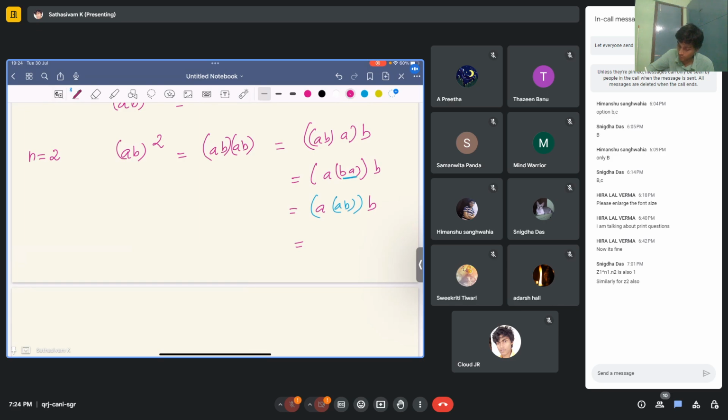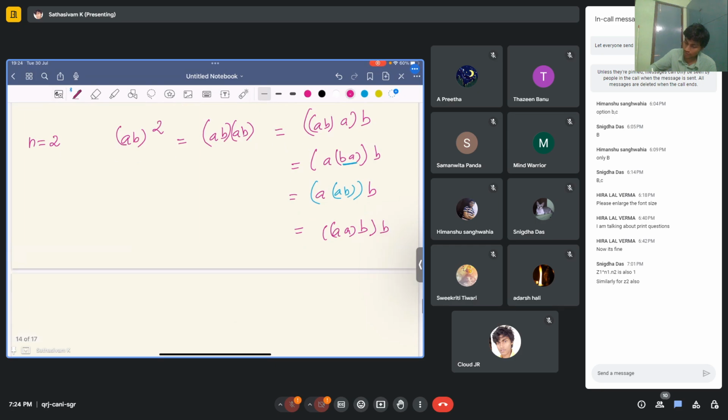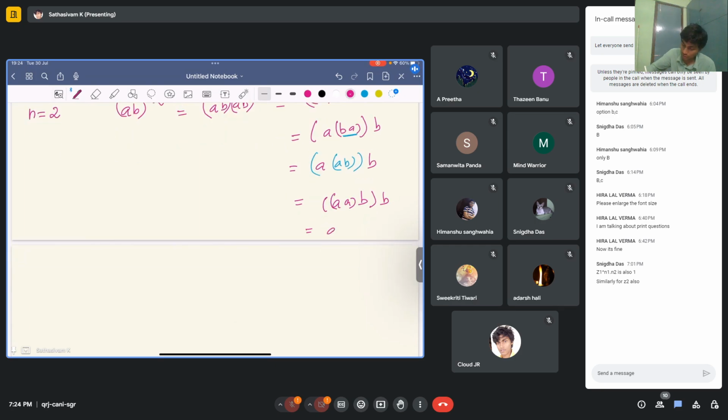Now use the associativity again: a, a, b, b. So this is a square, b, b. Now do it again: a square, bb. Nothing but a square, b square.